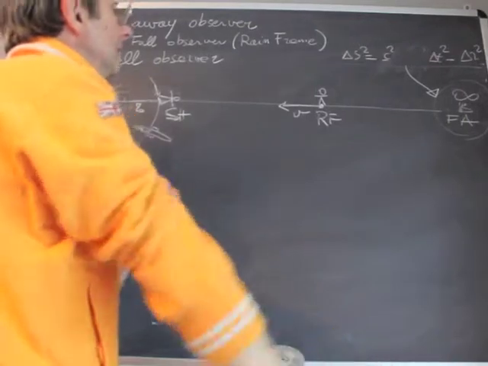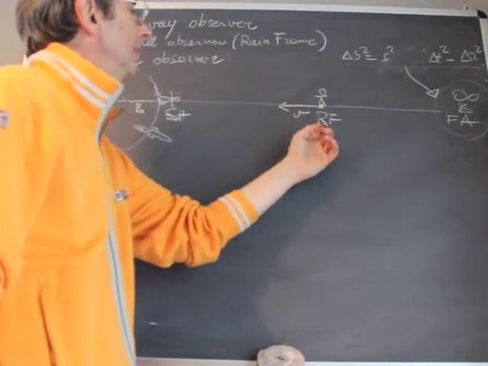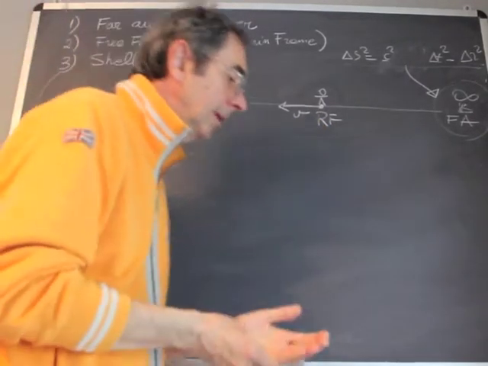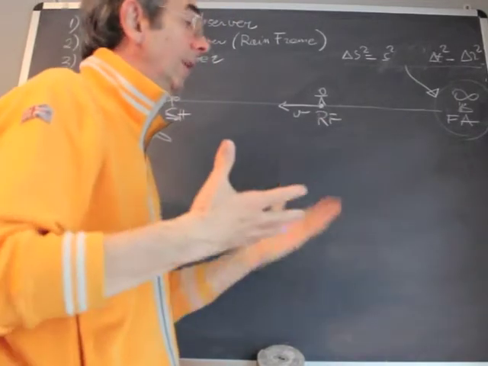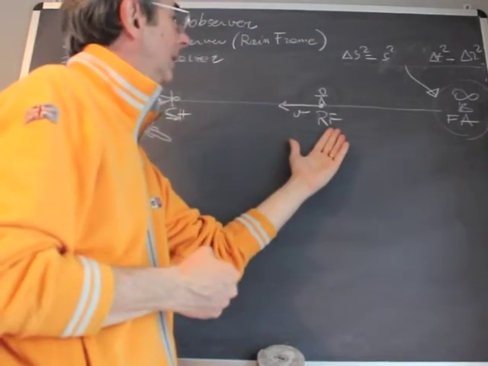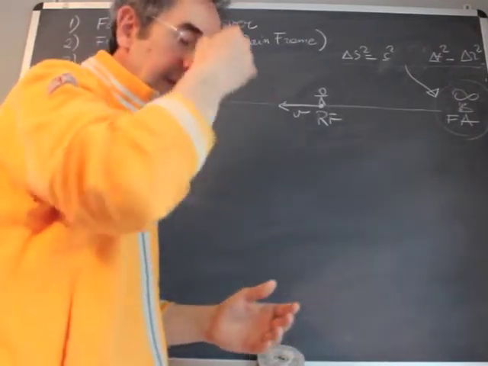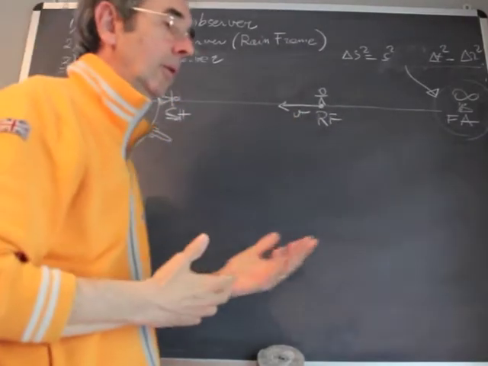The same is not the same, but a similar situation holds for the rain frame observer, because we know that locally he doesn't feel gravity, because he is inside the spaceship falling down radially towards the black hole.